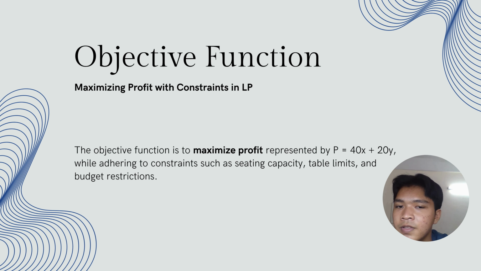There are several constraints, such as the available space, the total budget, and the minimum and maximum number of seats. So, the task of linear programming is to find the combination of x and y that gives the highest profit while satisfying all these conditions.